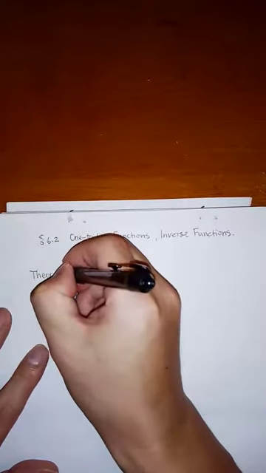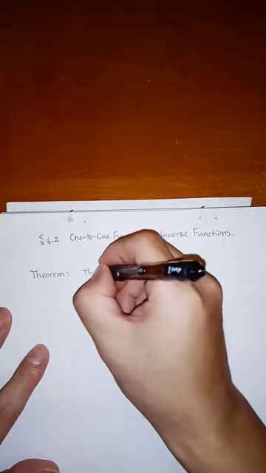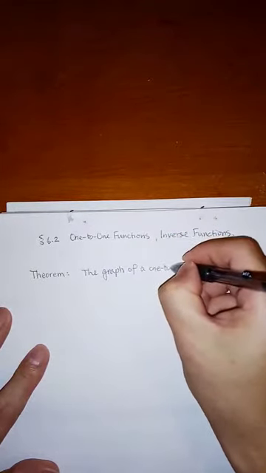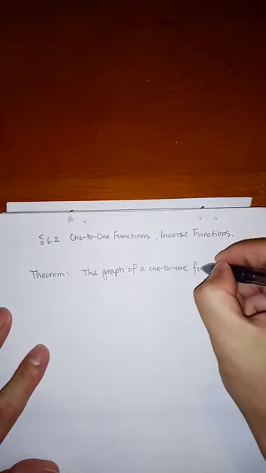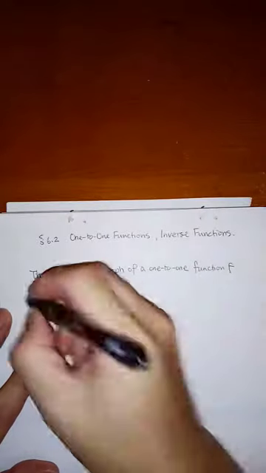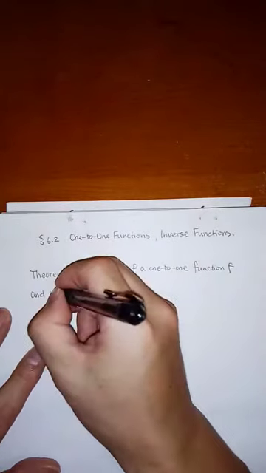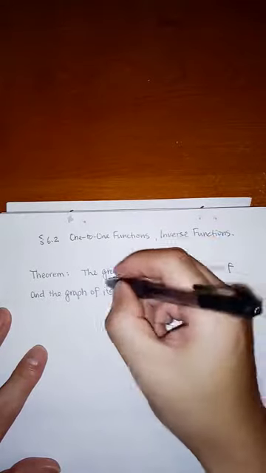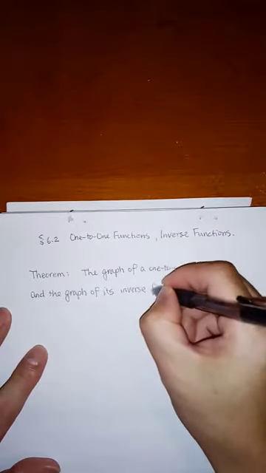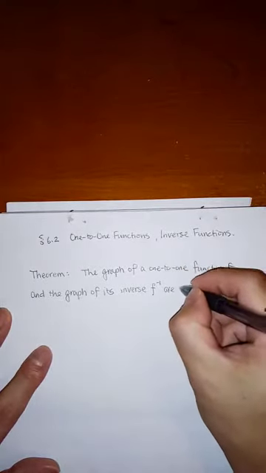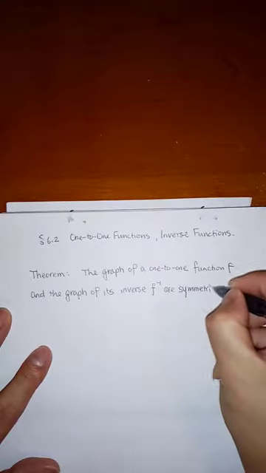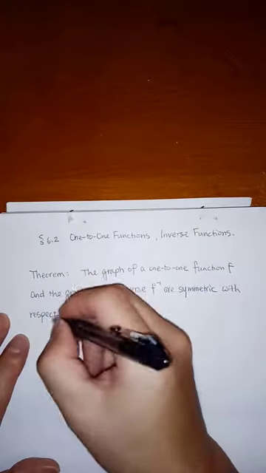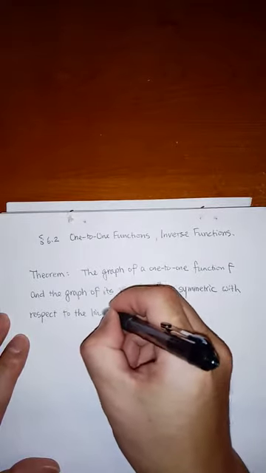So first, the theorem. The theorem says the graph of a one-to-one function f, and it is one-to-one, so it has an inverse, and the graph of its inverse f negative 1 are symmetric with respect to the line y equal to x.